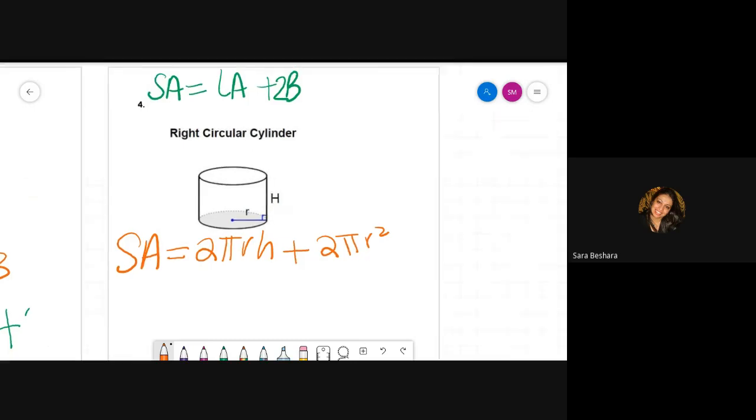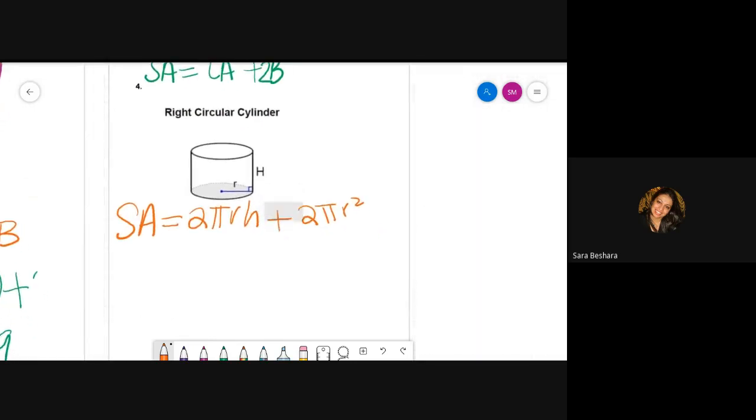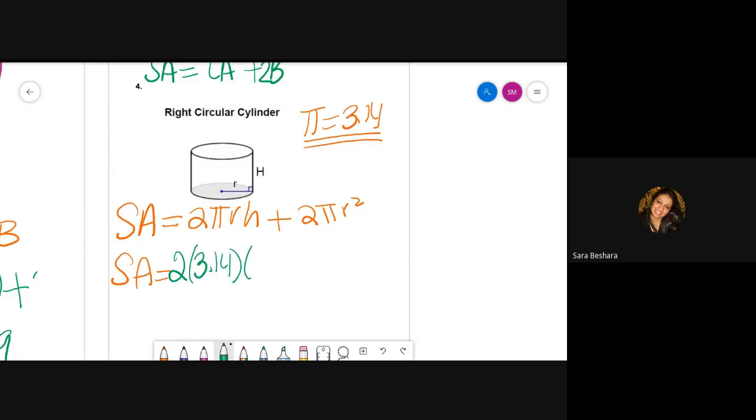Okay, now this is nothing more than plugging it in. I would definitely keep using pi as 3.14, so we can keep our rounding errors to the minimum. 2 times 3.14 times r. Now, in the example I have, r is 4 and h is 7.